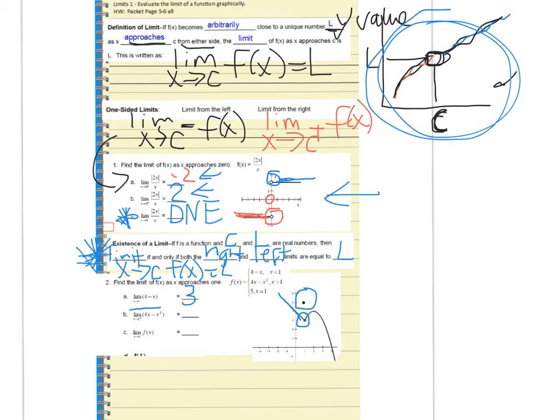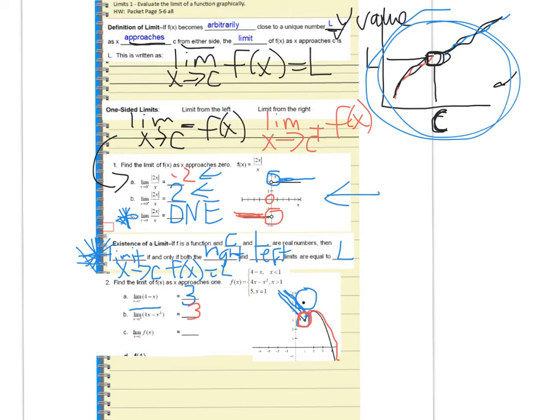It's not going to be this jump up here because our goal is to go along the function that exists. We're not walking in space. We're walking on that function, seeing where we get closer and closer to in terms of a y value. And now we are going from the right. We're walking up our function, up our function, up our function. And now as we get closer and closer to the x value 1, again, the y value we're approaching is 3.